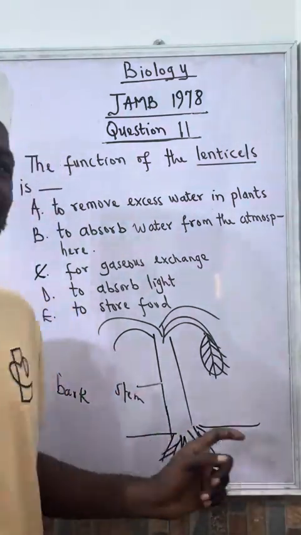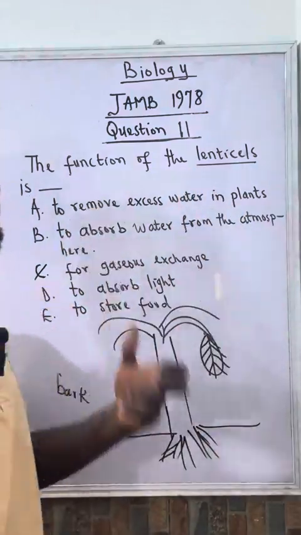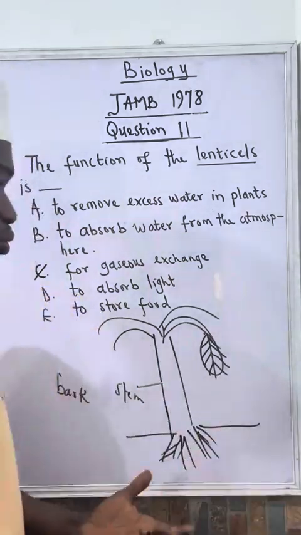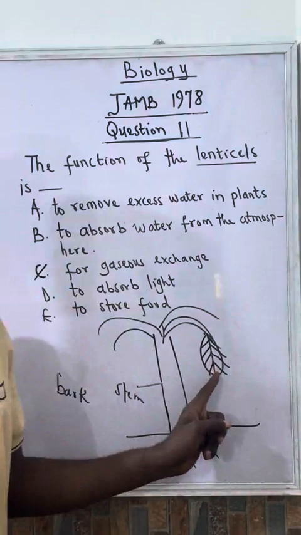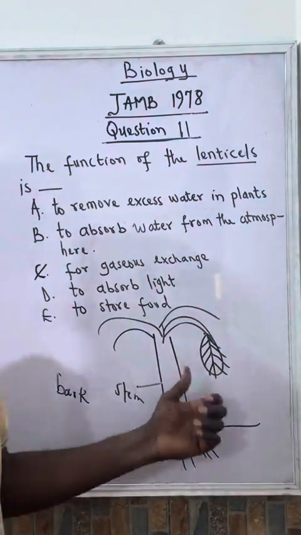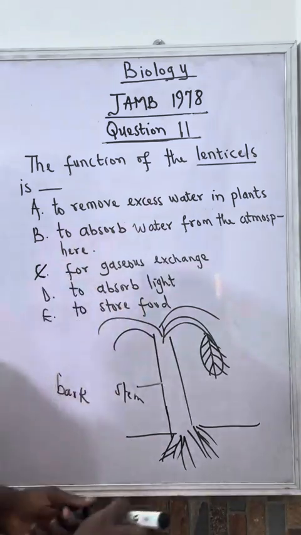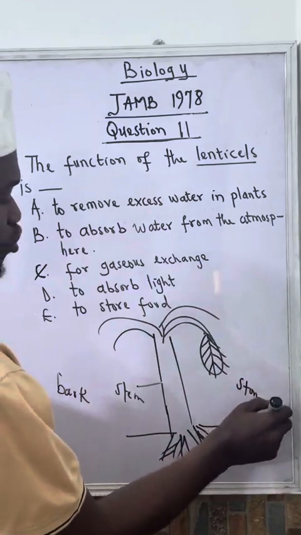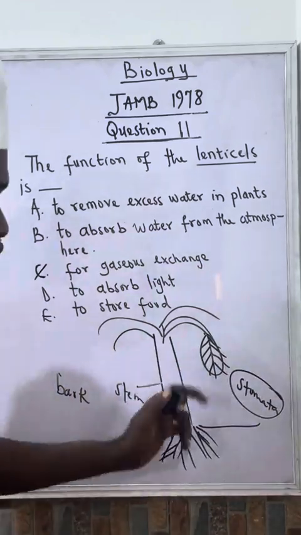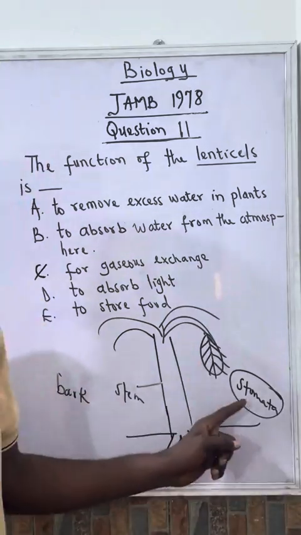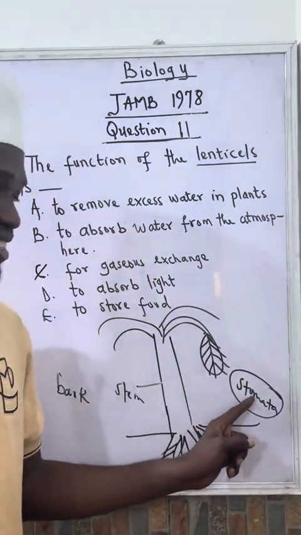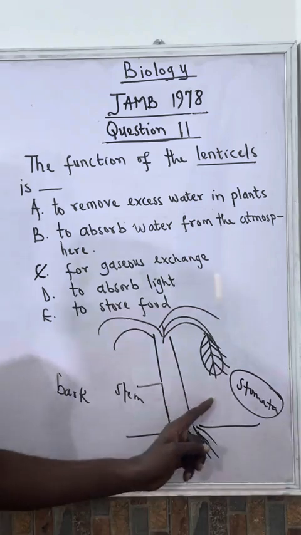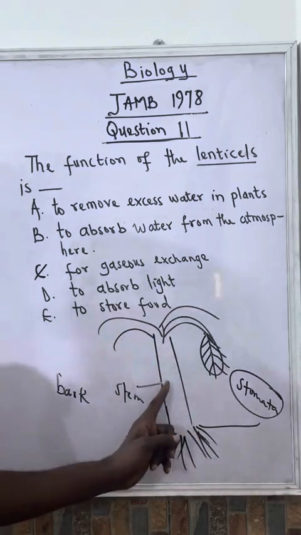So oxygen can enter through the lenticel cell and carbon dioxide can move out through the lenticel cell also. Unlike the leaf, which exchanges gases through small openings called stomata. Stomata is found in the leaf. So gaseous exchange occurs with the aid of stomata in the leaf. So not lenticel cell. Lenticel cell is only found in the stem.